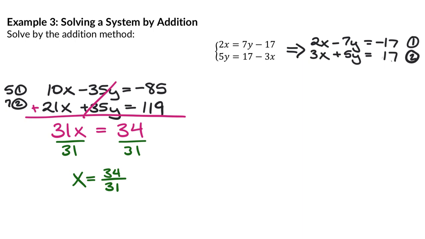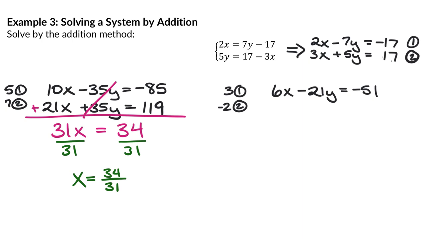Super close. I can multiply the top one by 3, and if I do 3 there and I just do 2 here, they'll be the same sign. One of them needs to be negative. So if I do this, 3 times the entire first equation is 6x minus 21y equal to negative 51.